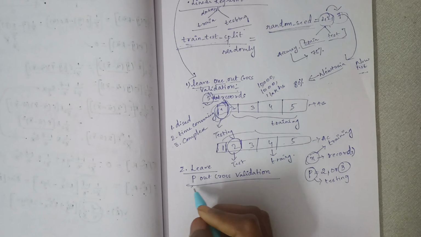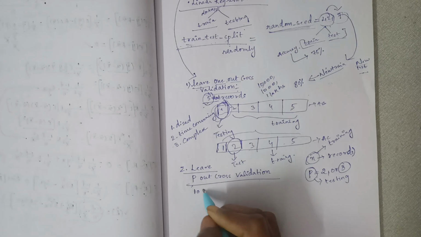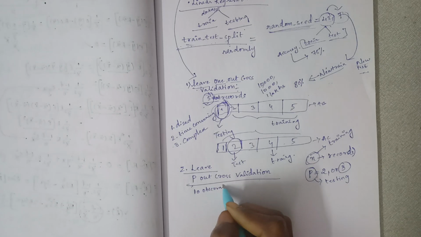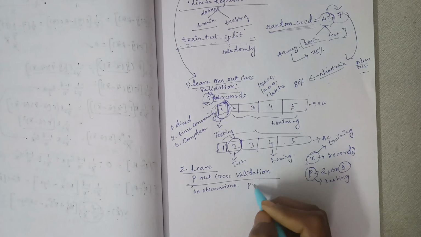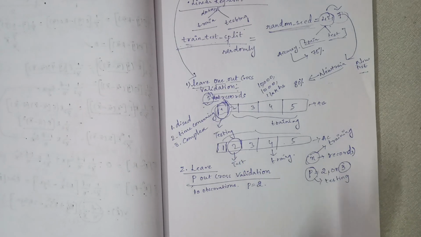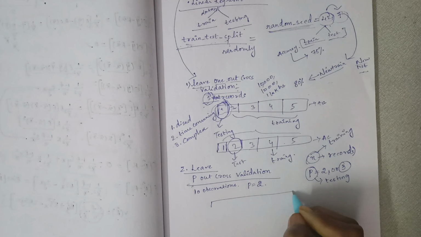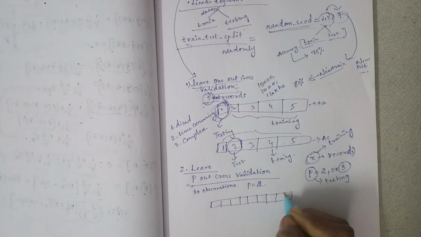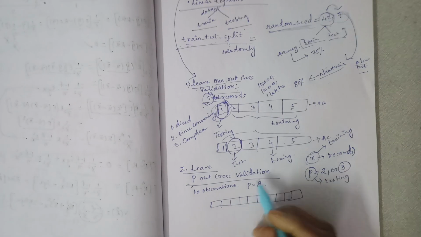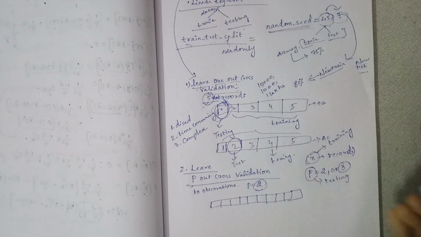So now let us consider there are 10 observations, and let us consider P as 2 first. 1, 2, 3, 4, 5, 6, 7, 8, 9, 10. This P is equal to 2. It randomly selects the 2 records from these 10 records. Okay.